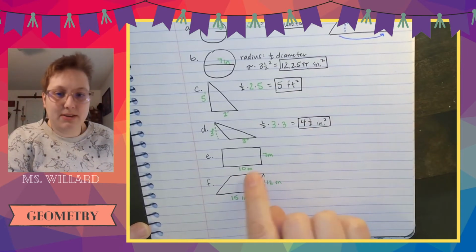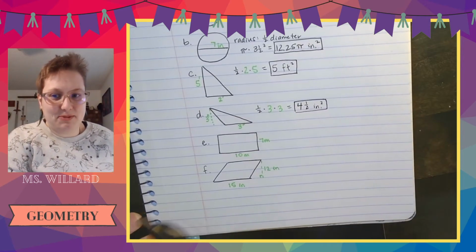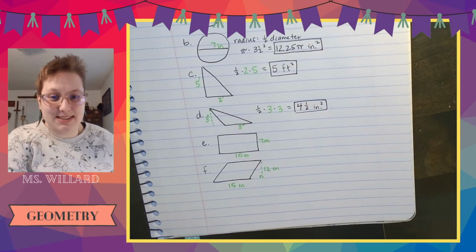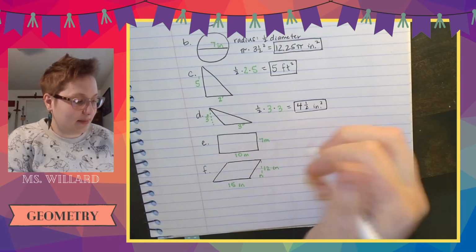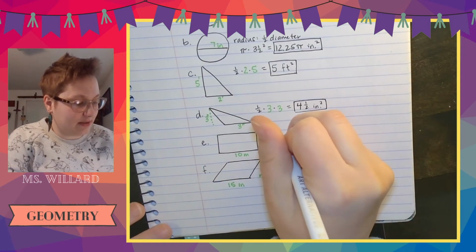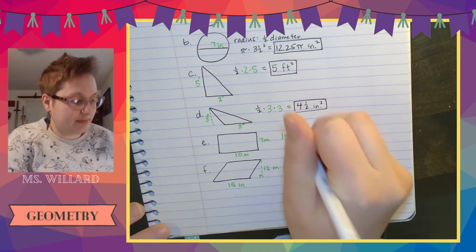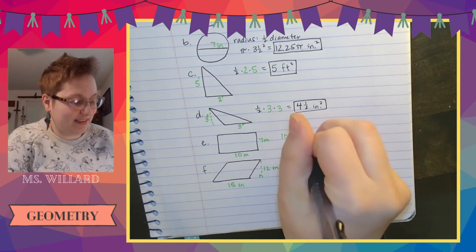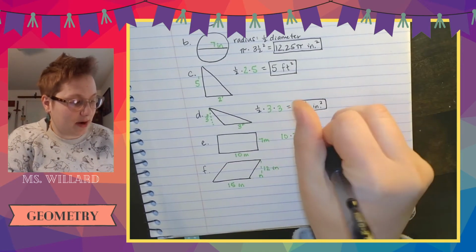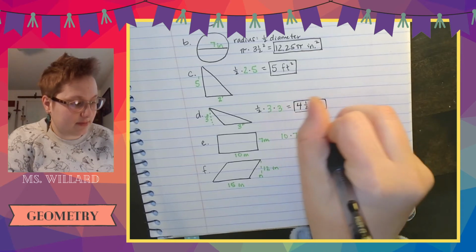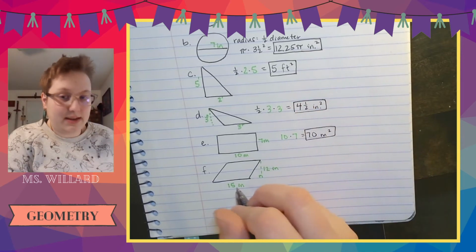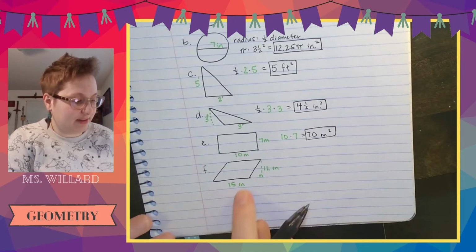All right, and then here we have a rectangle, a standard rectangle. This is nothing crazy. So we're going to do 10 times 7, which is 70. So I actually have to show you my work, though. And this is square meters. And then here, the base is 15, height is 12.